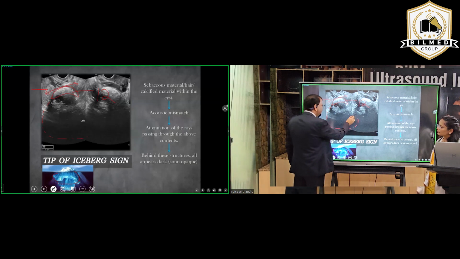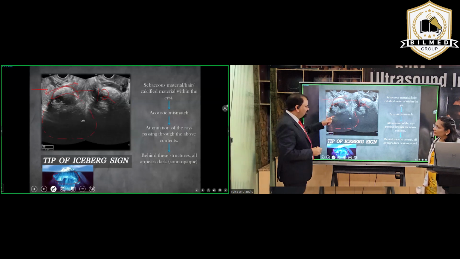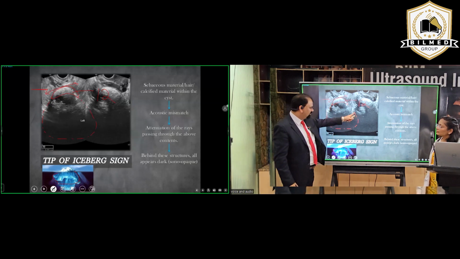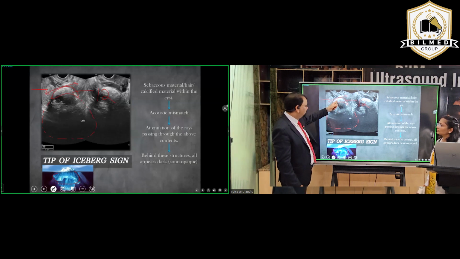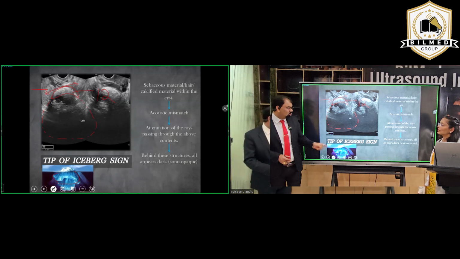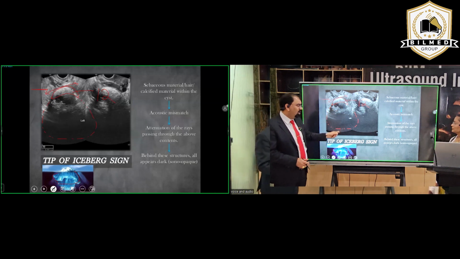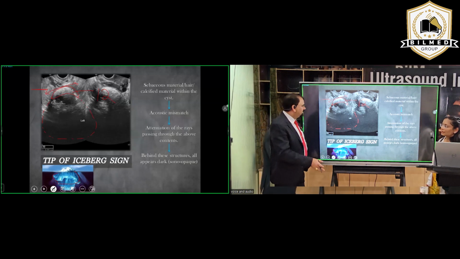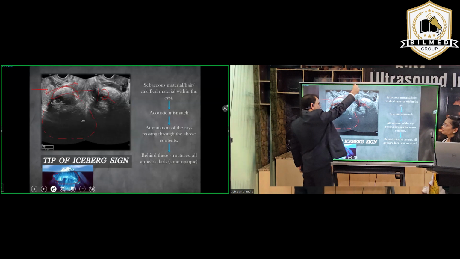Try to understand, this is the dermoid. The beam is hitting only the tip and bouncing back, and all this is actually the dermoid, which is not scanned. What to do to get an idea of the whole dermoid? Scan from different angles. Now, if you put the probe over here, from here it is 12.